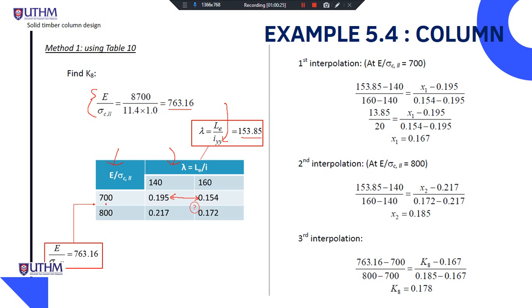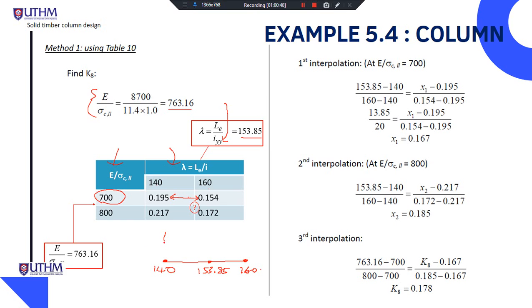So at 700, this value is from 140 to 160. Here is 140, here is 153.85, and here is 160.